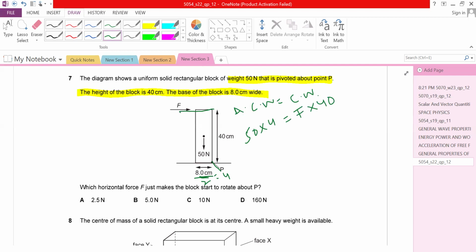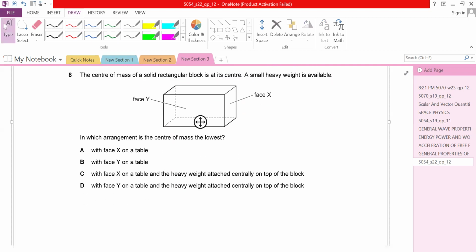The force is from here and 40 is the perpendicular distance to the pivot. So dividing by 40 here equals the force. 0, 0 cancel, 4, 4 cancel, 5. So 5, B option is correct for question number 7, which is 5 Newton.